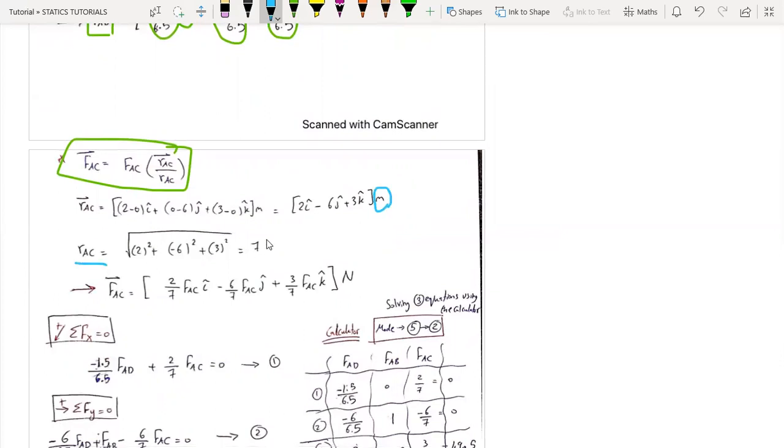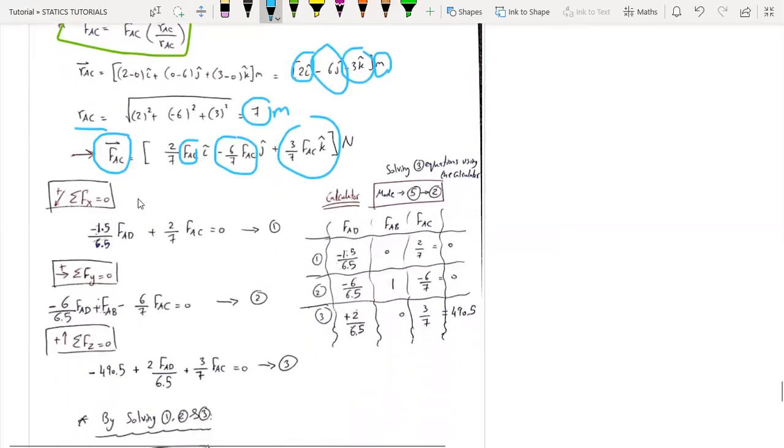Now the magnitude will be 7 meters, and we're ready to write it in the Cartesian vector notation. So 2 over 7 F_AC i hat, then minus 6 over 7 F_AC j hat, then plus 3 over 7 F_AC k hat, in newtons.